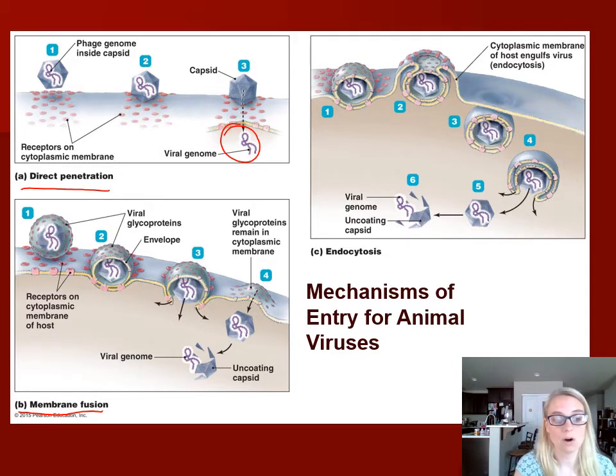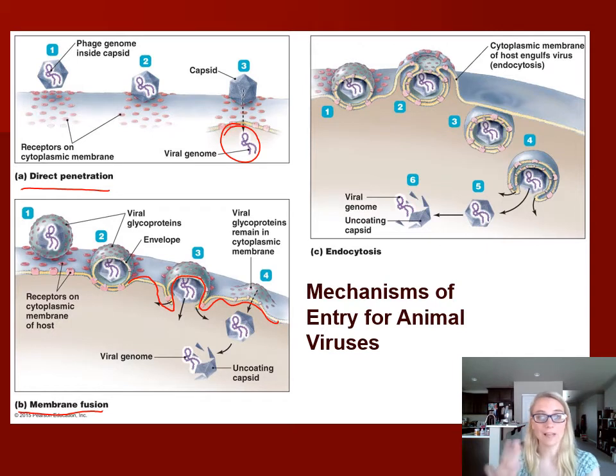So we can see the host cell membrane fusing with the envelope membrane. All of those glycoproteins are left at the membrane, and what goes into the cell is the virus with its capsid. But that's not going to do it any good. It can't do any of its replication if it's still stuck in the capsid. So something is going to trigger uncoating to release that genome into the cell for it to start its replication process. The third example is called endocytosis.